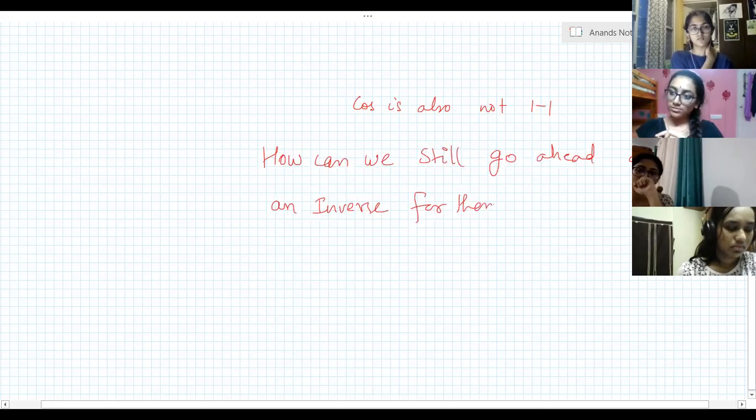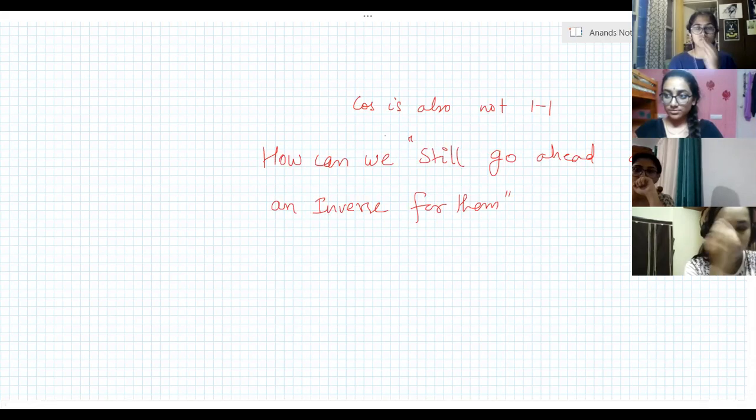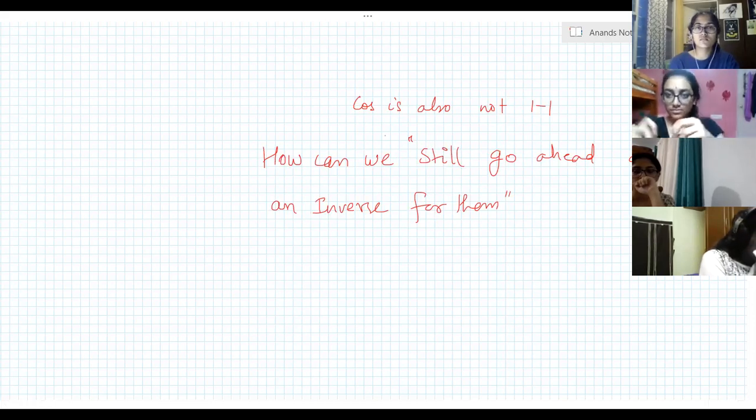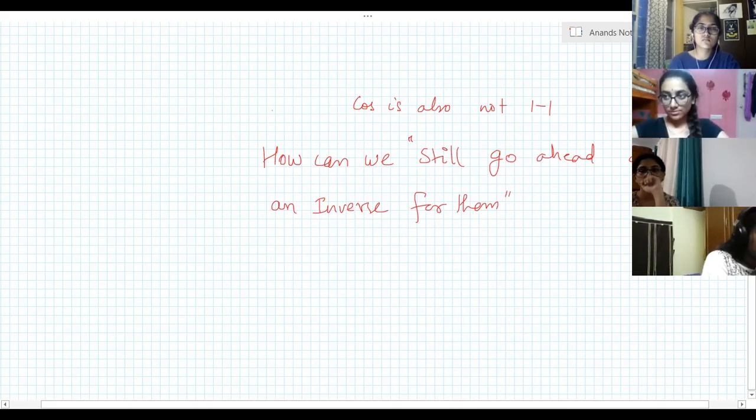Because I want something called inverse function. Okay, for the generic case, they don't, because they are not one-to-one. But if I still want to go ahead and define an inverse, what can I do? What can be done? Okay, so this is something which we'll have to understand. Are you following this, guys?